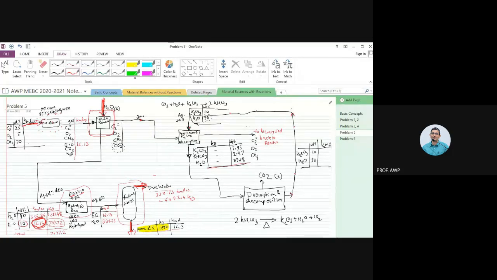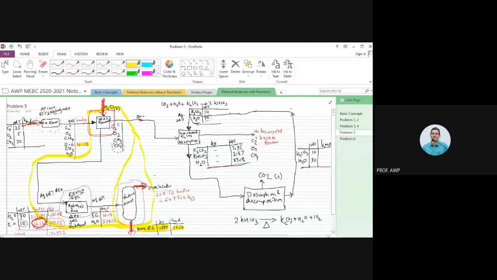Or you can take this whole thing as a control volume. We have 16.13 kilomoles of ethylene glycol, so straight away 16.13 kilomoles of ethylene oxide must be there.